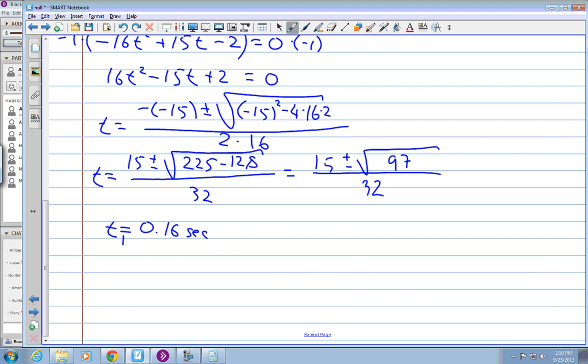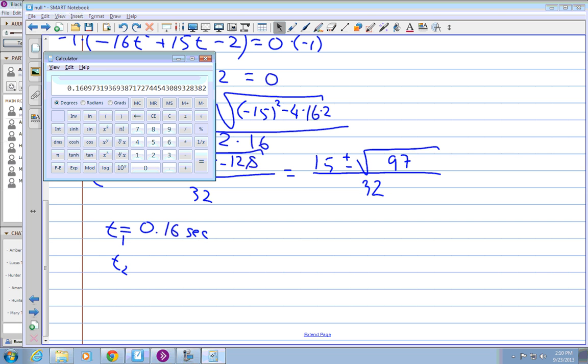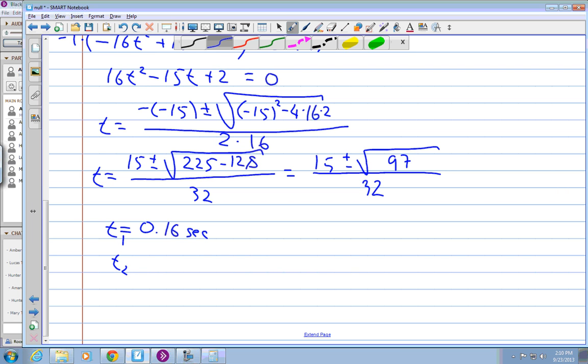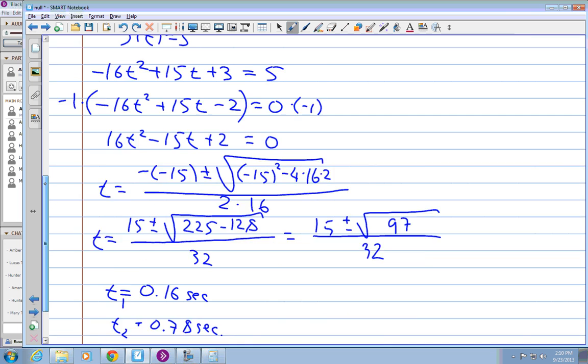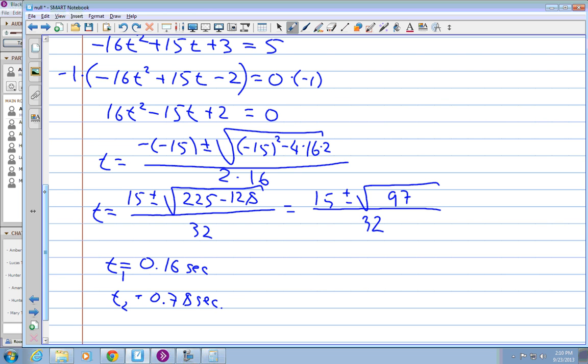And the other answer, if I do 15 plus the square root of 97 over 32, so about 0.78 of a second. So the height of 5 feet was reached twice. On the way up, 0.16 of a second, and on the way down, 0.78 seconds after we launched the marker. Okay? Does that make sense?